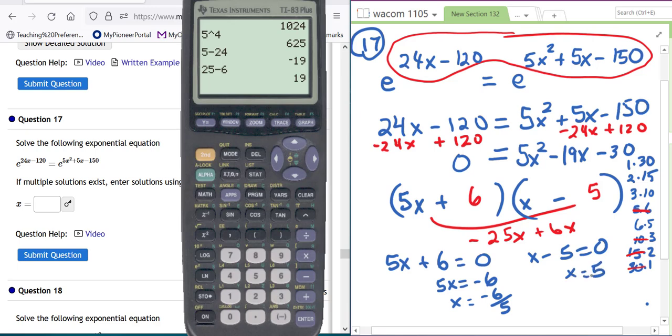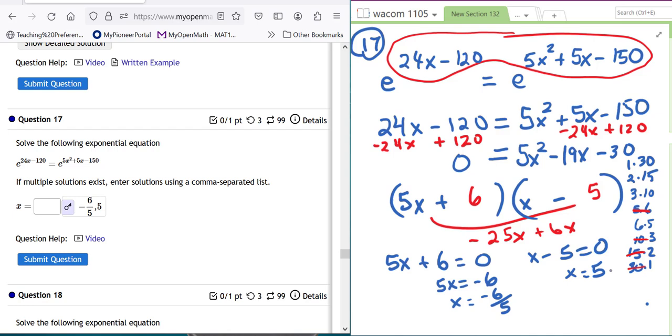You could have also factored this with grouping, where you multiply 5 times 30 is 150, split the middle term and make 2 terms, and go with grouping. That would have also been an option. Let's see if we have the right answers: negative 6/5 and 5.